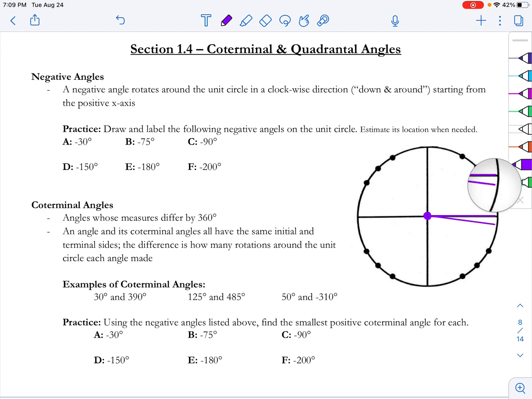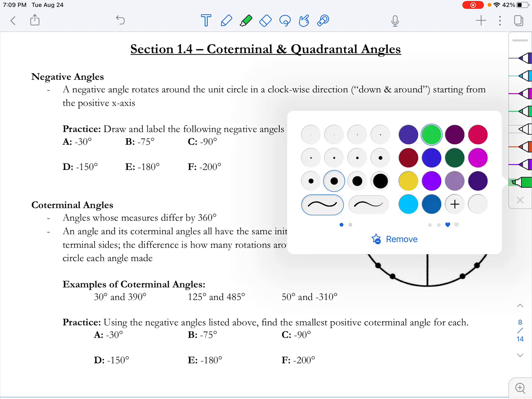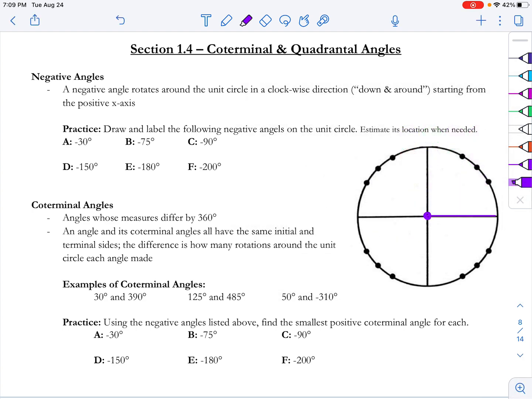Well, if we were to start at the positive x-axis, but then go down and around in a clockwise direction, those angles would be measured with a negative angle value. So a negative angle rotates around the unit circle in a clockwise direction, down and around, like I was saying. And then we give them negative angle measures.